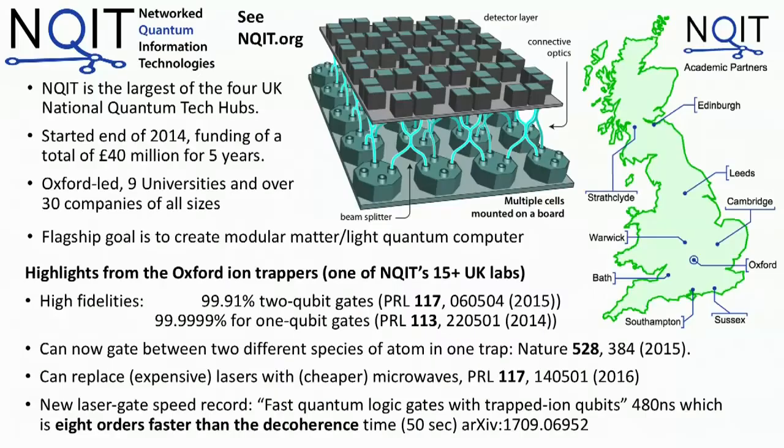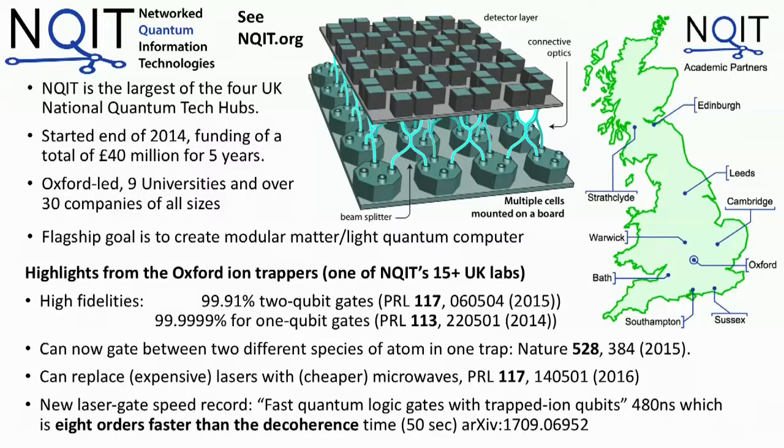Speaking of NQIT, Simon asked me to add these slides to introduce the NQIT program. So I'll just read through these slides. NQIT is the Networked Quantum Information Technologies hub, the largest of the 4 UK national quantum technology hubs, and it started at the end of 2014. We have a lot of funding, and we have Oxford and many other nice universities and also companies.